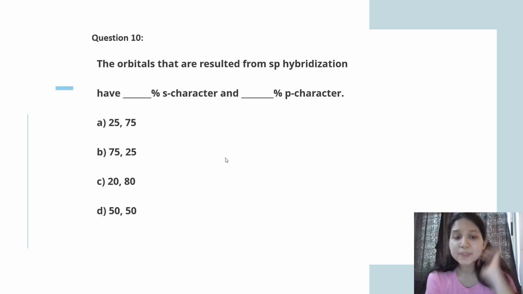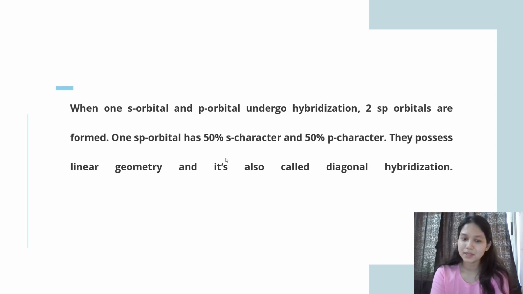What if it is sp3? What will be the ratio, or what will be the percentage division for sp3? Okay. So theoretically, we all know that in sp hybridization, one s and one p orbital undergo hybridization.